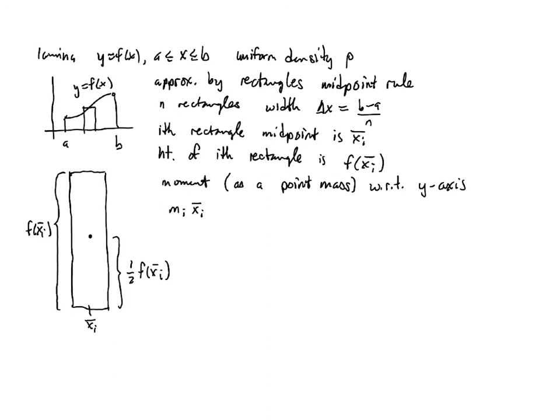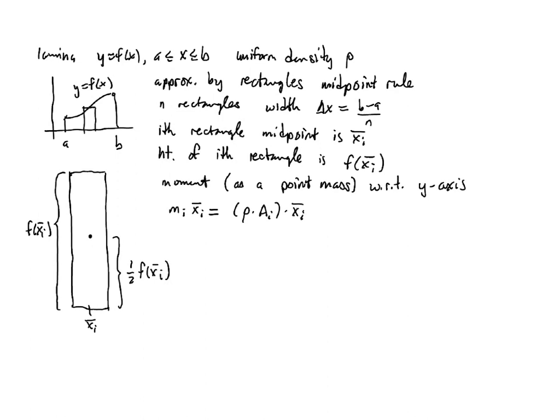Now xi bar is the midpoint that we've been given. Mi is the mass of the individual rectangle, and remember this is just an approximation of the piece of lamina. So the mass we would get here is exactly rho times the area of that ith rectangle, and then times the x-coordinate, xi bar.